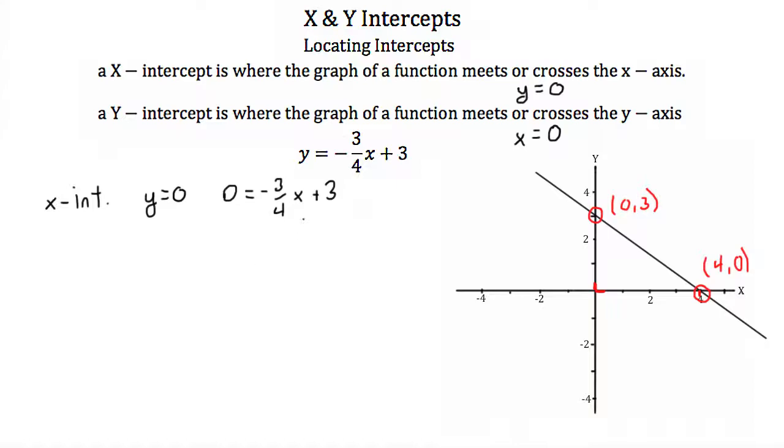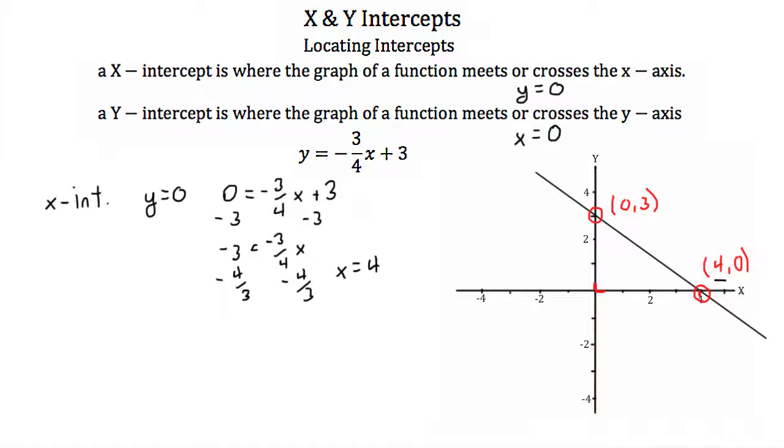Now we have to solve for x, so we'll subtract 3 from both sides, and we end up with negative 3 is equal to negative 3/4 x. Then we multiply both sides by negative 4/3, and we find out that our x is equal to 4, which is what we found earlier.